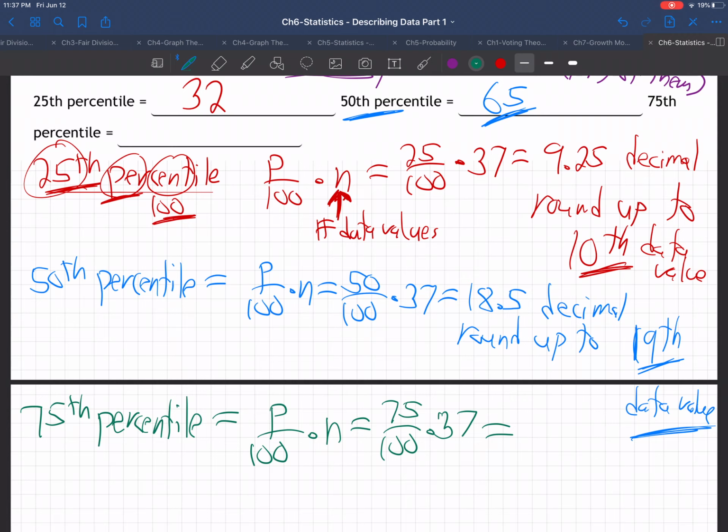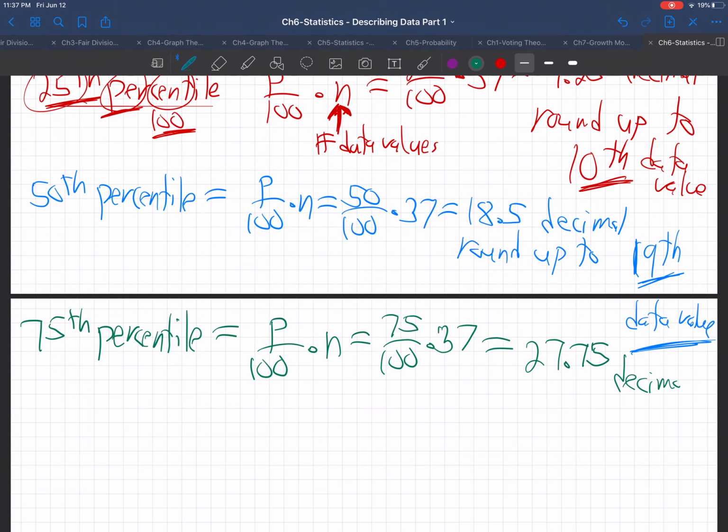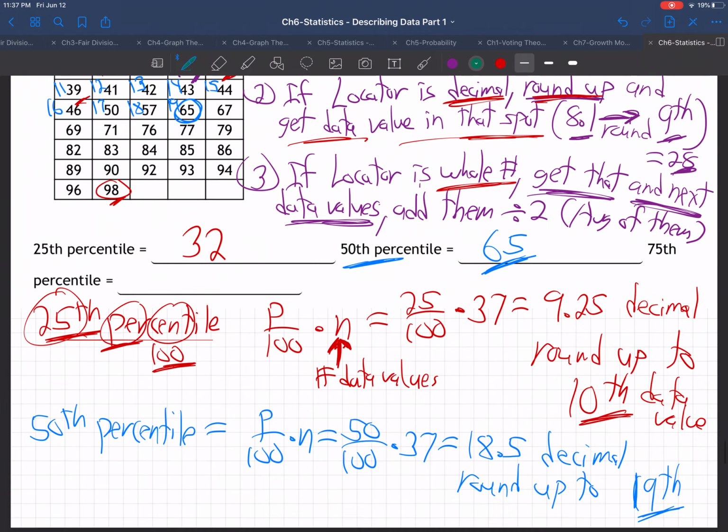I'm getting 27.75 on my calculator. And is that a decimal? For sure it is. And what do we do with decimals? We round up, so 28. Even if that was just 27.1, we'd round up to 28. But it's the 28th data value. The answer's not 28. It's go find the 28th data value. That'll be 75% along the way.